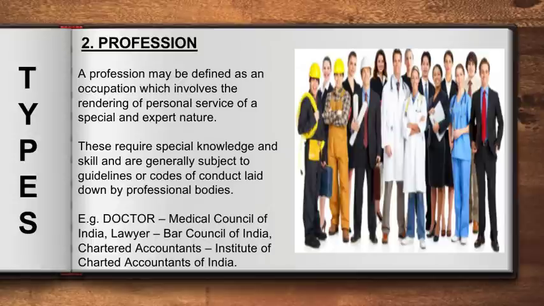So they are saying profession means it is something that needs you to have some expert knowledge. Good examples of professionals will be like, now you look at the picture, okay? Doctors, lawyers, engineers, chartered accountants, all these people come under professionals because they are having some kind of professional knowledge.